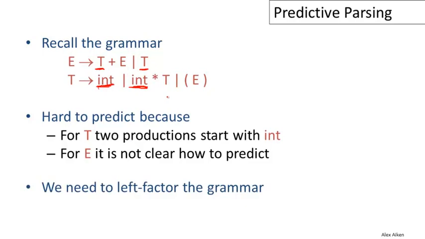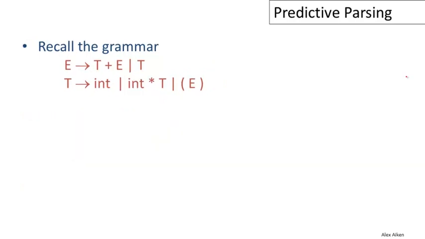So what we need to do here is we need to change the grammar. This grammar is actually unacceptable for predictive parsing, or at least for LL(1) parsing. And we need to do something that's called left factoring the grammar. So the idea behind left factoring is to eliminate the common prefixes of multiple productions for one non-terminal. So that's a mouthful.